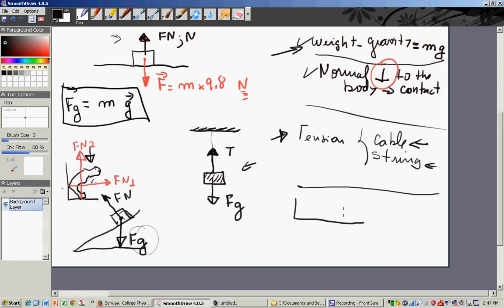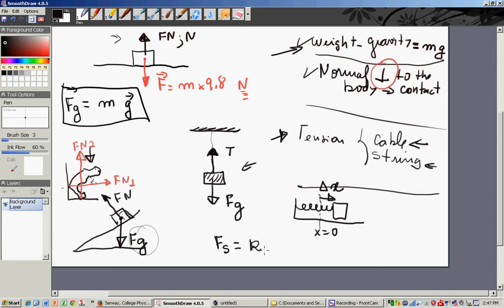So that's the tension. Another force that you are going to see as well is the force of a spring, exerted on a mass once this mass is displaced from the spring's position of equilibrium. Let's say the spring moves a certain quantity delta x from its relaxed position.